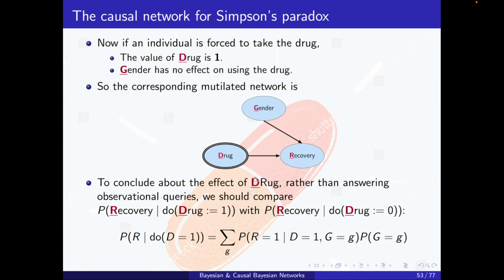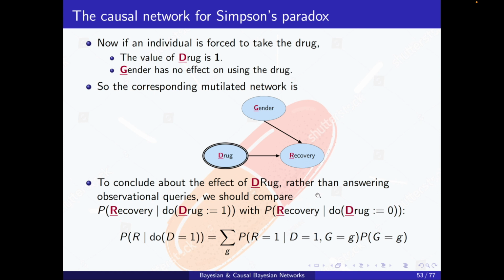And using this mutilated network, this will be equal to the summation of P of R conditioned on D and G times P of G, where we do the summation over G. Okay, it's just as simple as here.